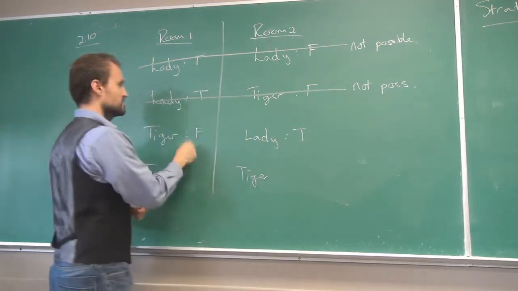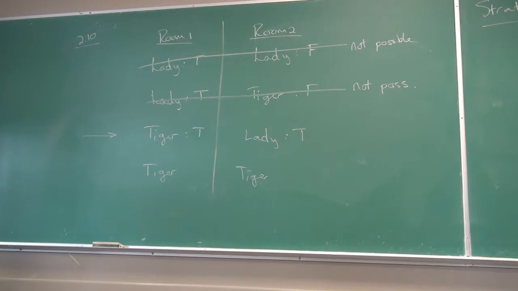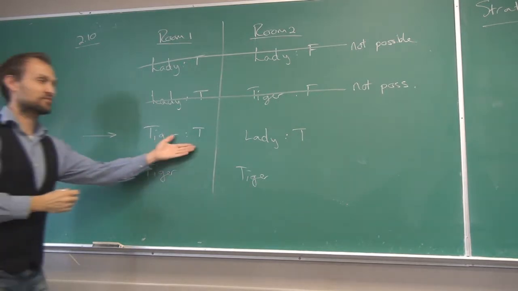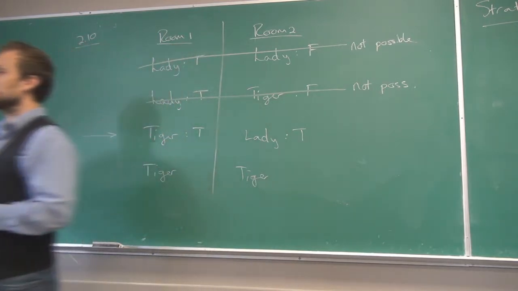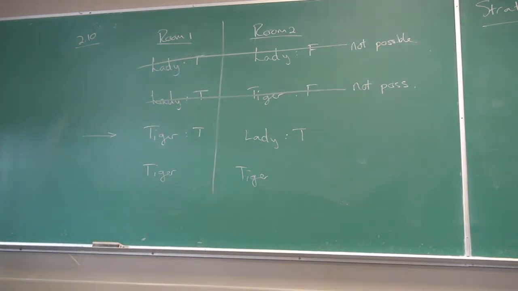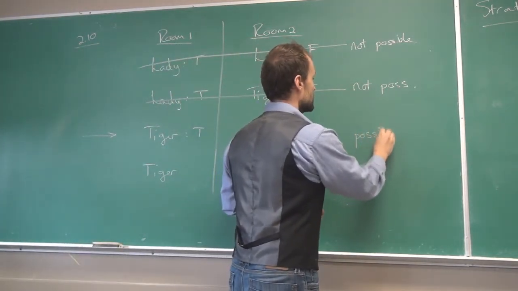Oh, did I say false here? Sorry. That's a true, right? At least one of these rooms contains a lady. That's true. Tigers in the other room, that's true as well. Compared to what the king said, either both true or both false. So it doesn't go against what the king said. So this is very much possible.